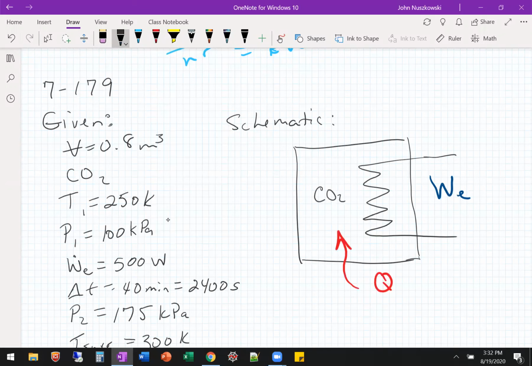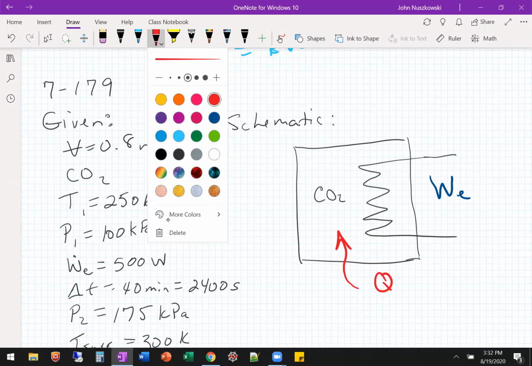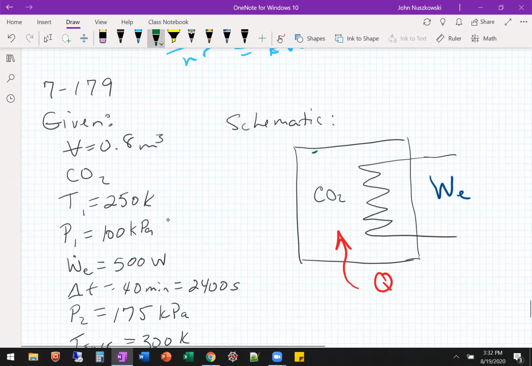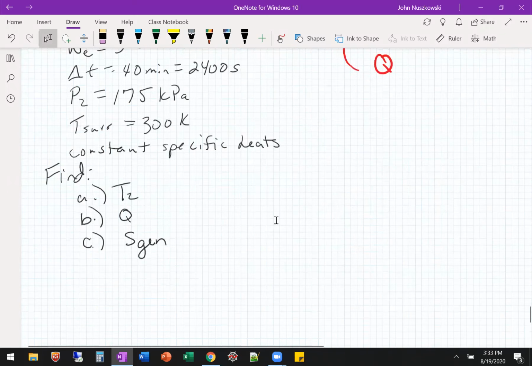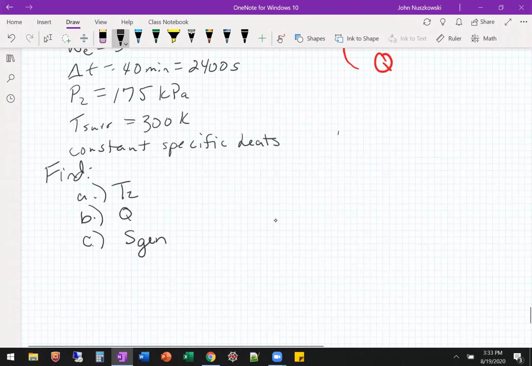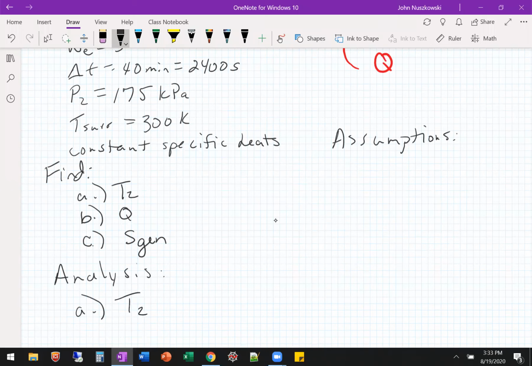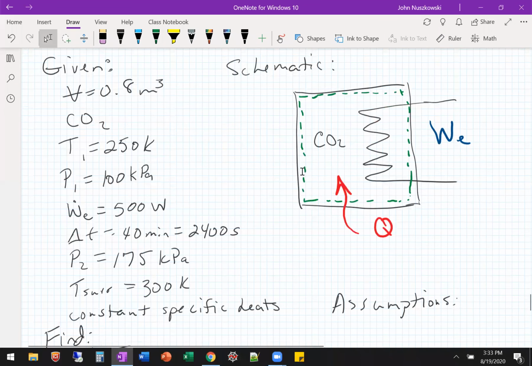CO2 inside here. Draw our boundary around the CO2. Okay. All right. So initially, let's do assumptions. We want to solve for T2, right? What can we do? Where can we start?